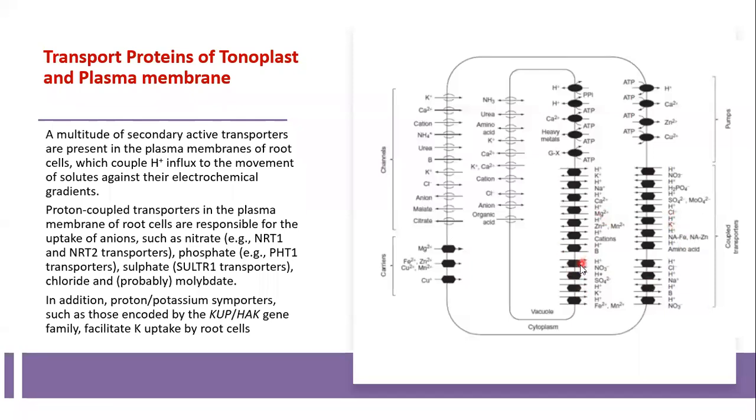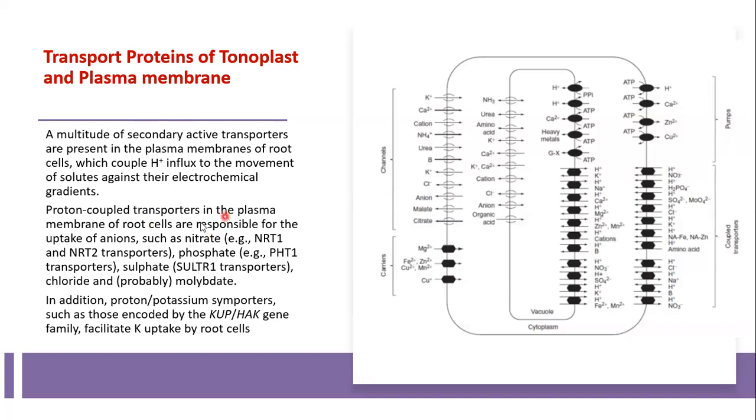And similarly in the tonoplast, even boron H+. So the H+ gradient developed by the proton pump is utilized by plenty of transporters. It is not so simple that one proton is released from the proton pump and then used by potassium. This is a complex system.